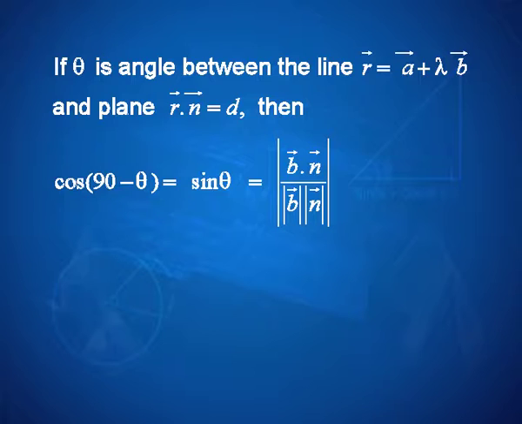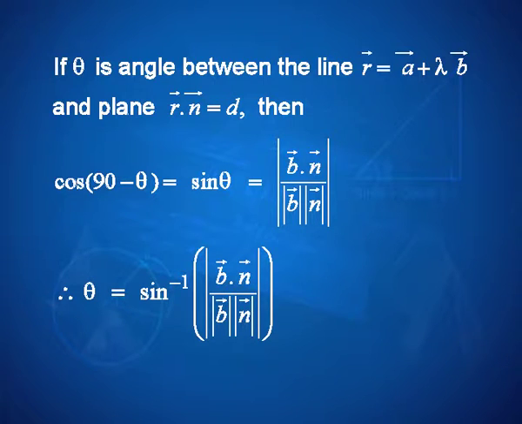That is the angle between vector b and vector n, equal to the absolute value of b dot n upon magnitude b magnitude n. Therefore, theta is the same as sine inverse of the absolute value of b dot n upon magnitude b magnitude n.